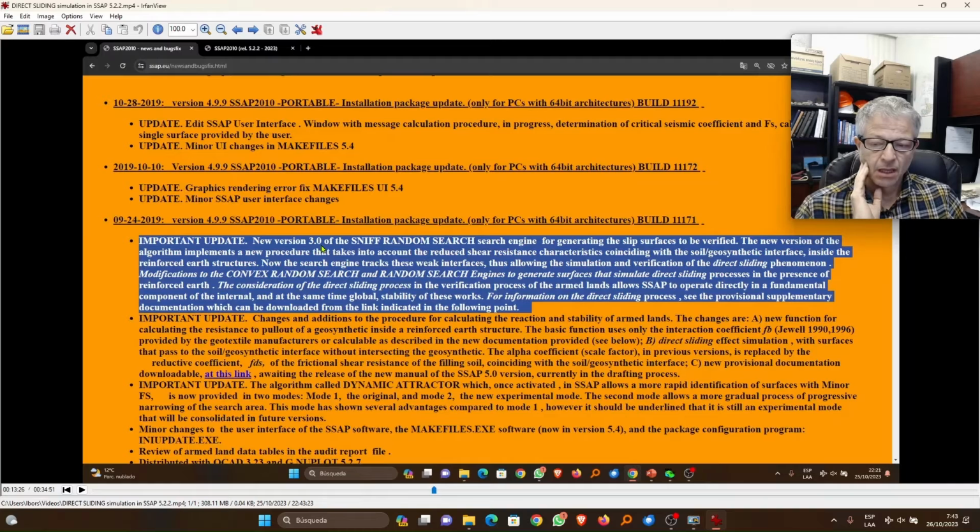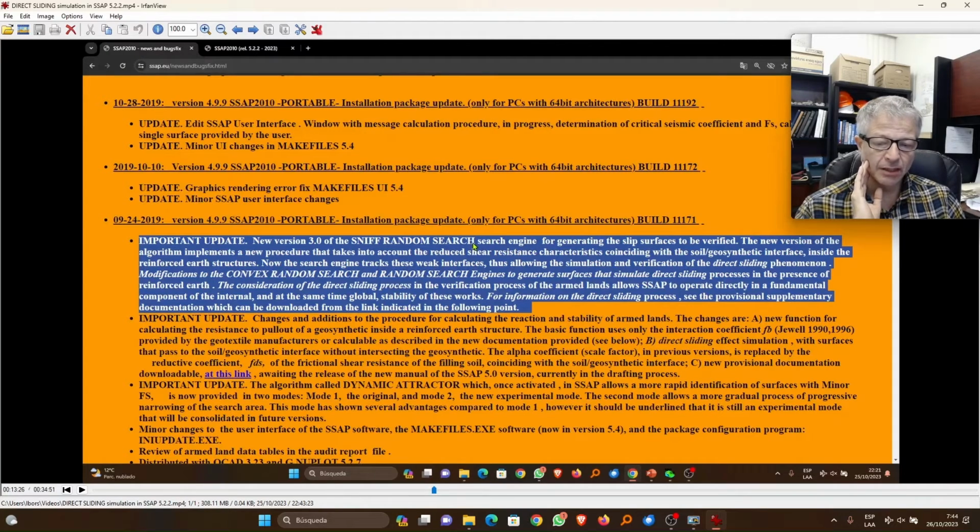And the sniff random search, as I showed in the video before, is a search engine generating potential sliding surfaces based on geotechnical intelligence. Completely different.